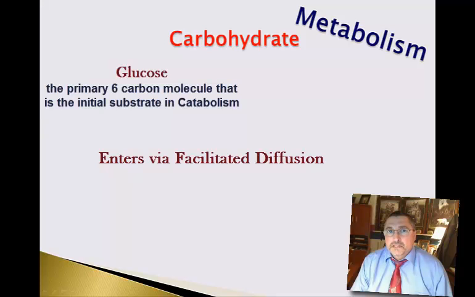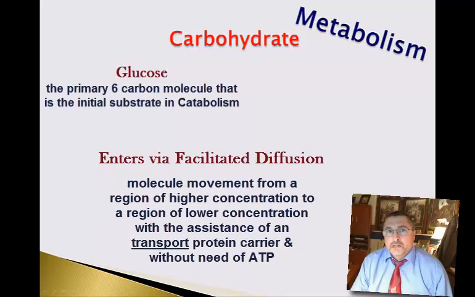By definition, it is the movement of a molecule from a region of higher concentration to a region of lower concentration with the assistance of a transport molecule. In this case, it would be a protein found embedded in the cell membrane, without the use of any metabolic energy in the form of ATP.